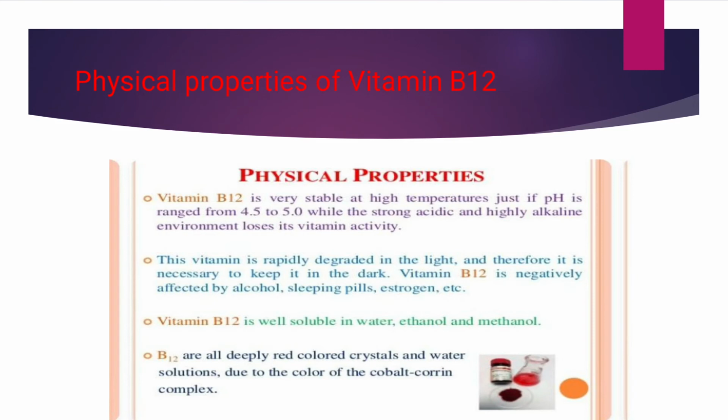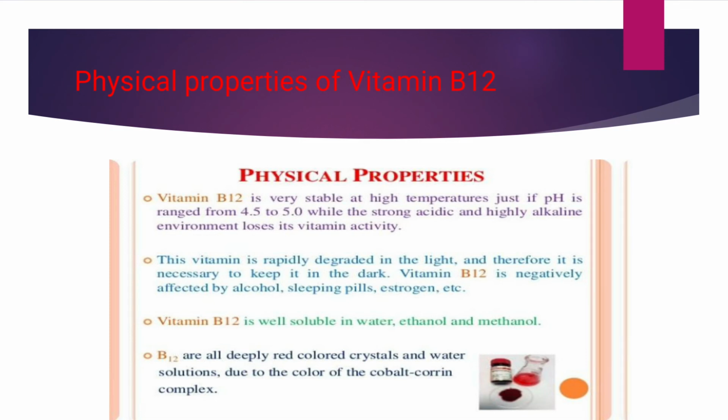Then physical properties of vitamin B12. Vitamin B12 is very stable at high temperature if the pH ranges from 4.5 to 5.0, while a strongly acidic and highly alkaline environment results in loss of vitamin activity, meaning its activity is less at this pH. This vitamin is rapidly degraded in light, and therefore it is necessary to keep it in the dark.